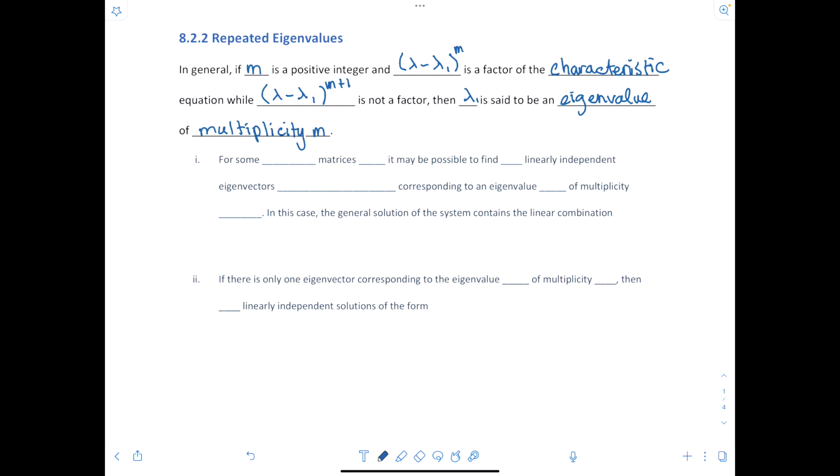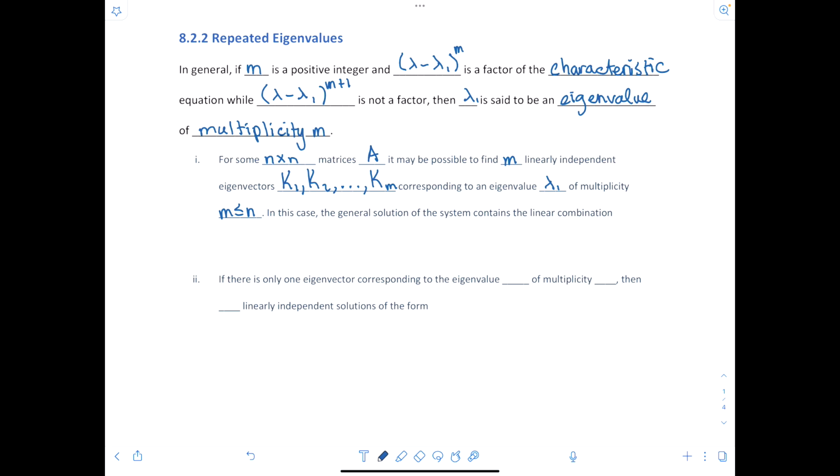For some n by n matrices, capital A, so remember capital letters mean matrices or column vectors, it may be possible to find m linearly independent eigenvectors, capital K1, K2, all the way down to Km, corresponding to an eigenvalue lambda 1 of multiplicity m, which is less than or equal to n.